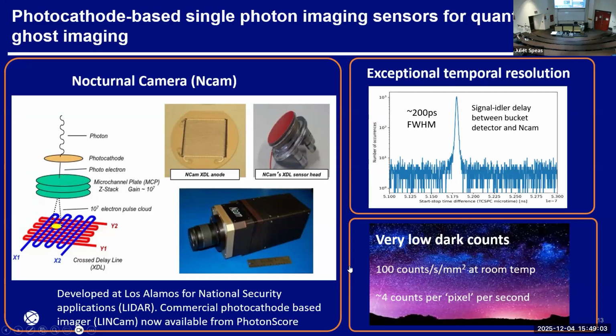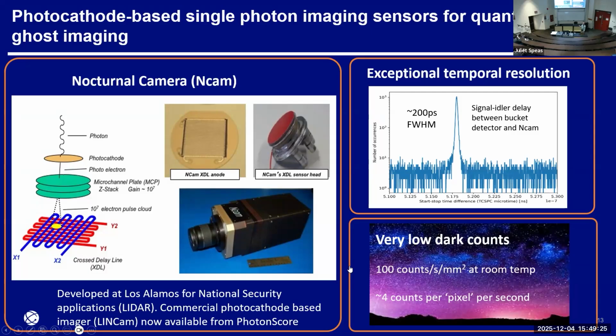When this cloud hits, it takes a certain amount of time to reach X1 and a certain amount of time to reach X2. You measure that time difference, you know where on that wire the cloud of electrons hit, and that's how you get your sensitivity in X location, and you get your sensitivity in Y location from your other cross delay line, part of your XDL cross delay line sensor.